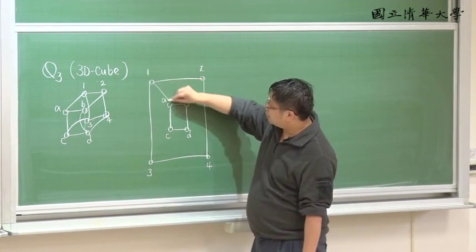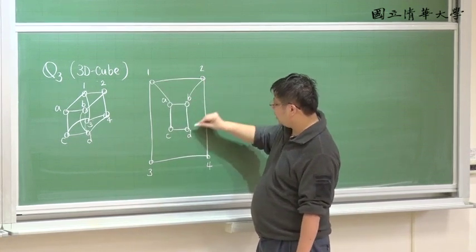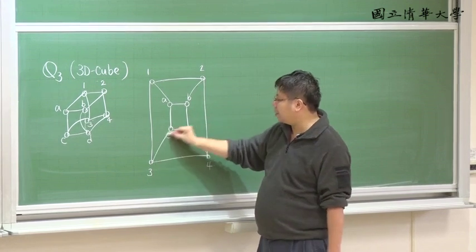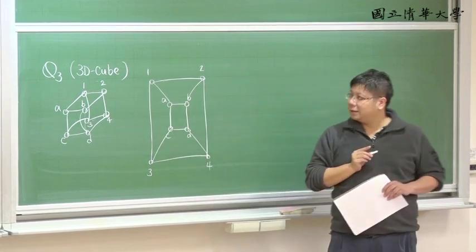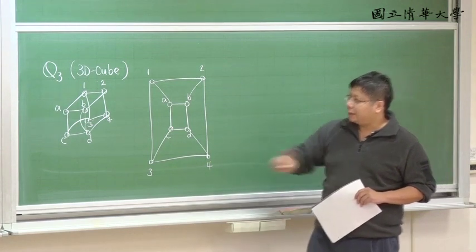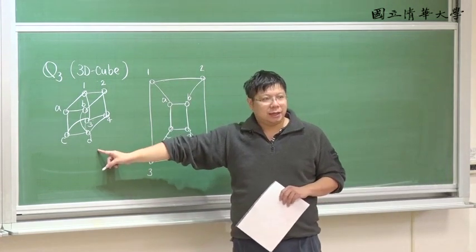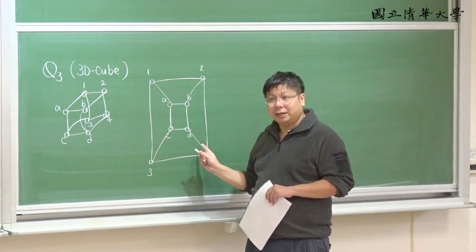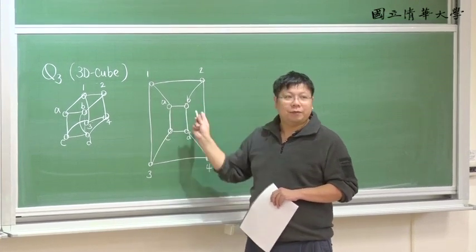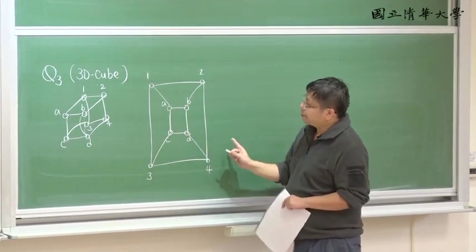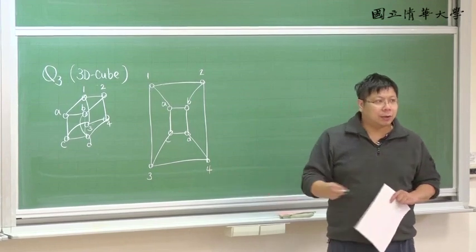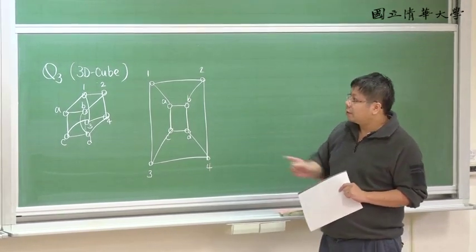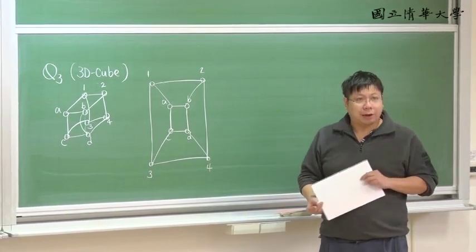And then we have 1 joining to A, 2 joining to B, 4 joining to D, and 3 joining to C. Is that okay? If you look at it, this is Q3, and this is also Q3. In this drawing, we can see that there are no edge crossing each other. So Q3 is also a planar graph.